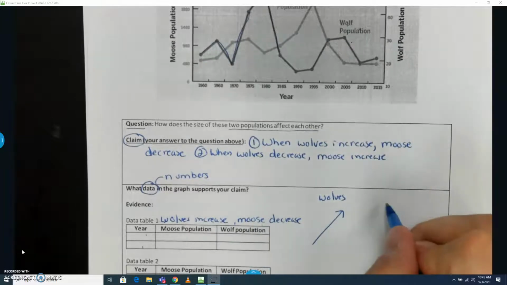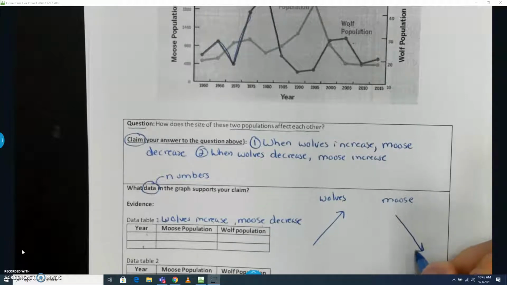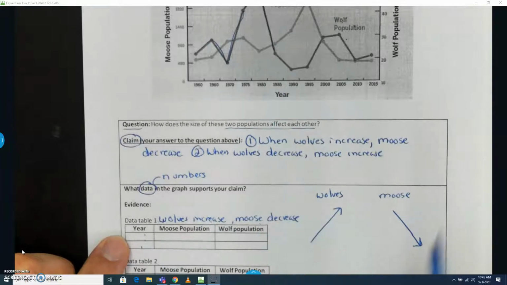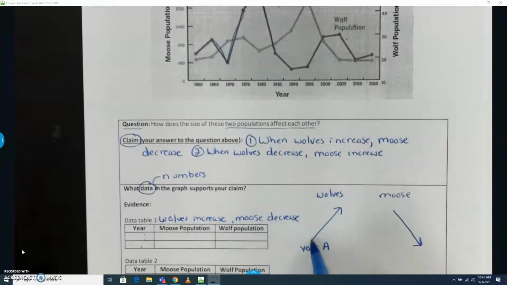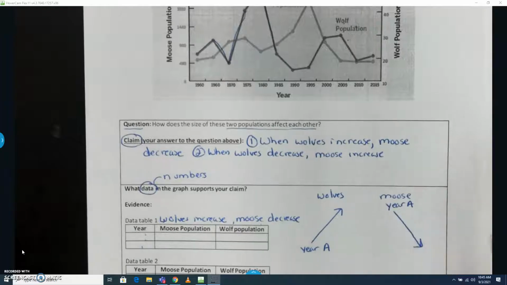And the moose, we're trying to show that the moose go down. So I need to find a year in this graph that starts with the wolves being low. We'll call that year A. In year A, the wolves are low, but also in year A, the moose are high.